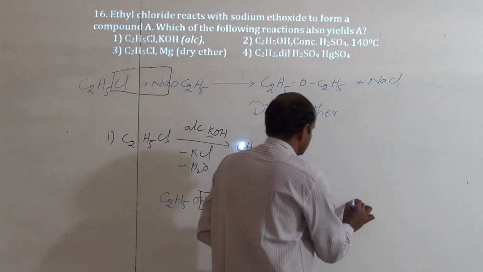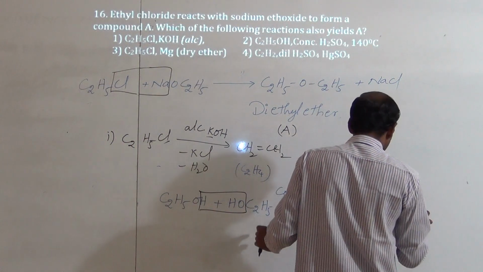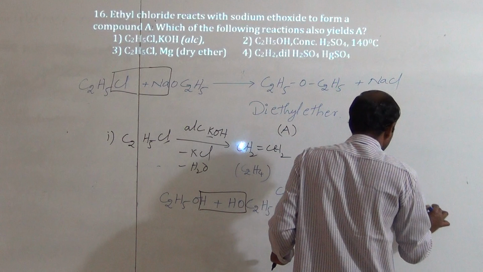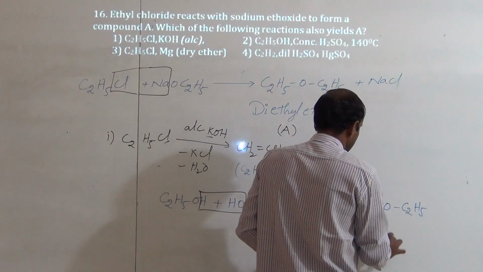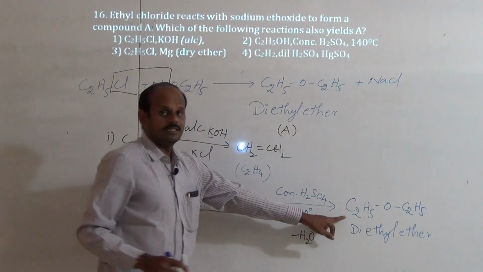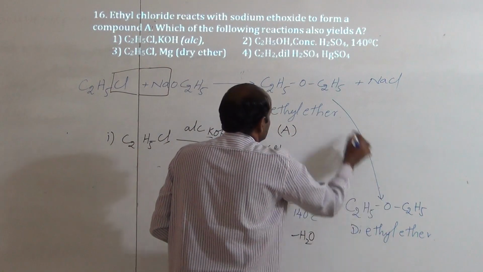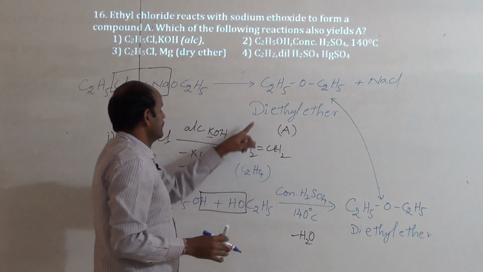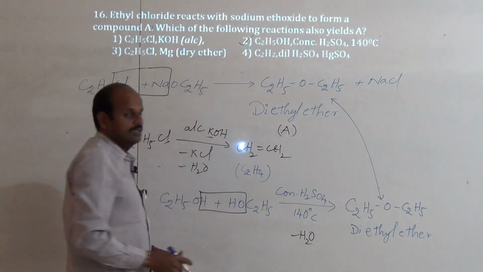C2H5O, next C2H5. Thus what is this? Diethyl ether. So both are same only now. In both reactions we get the same compound, the one asked. Hence what is the answer? Second option is the answer.